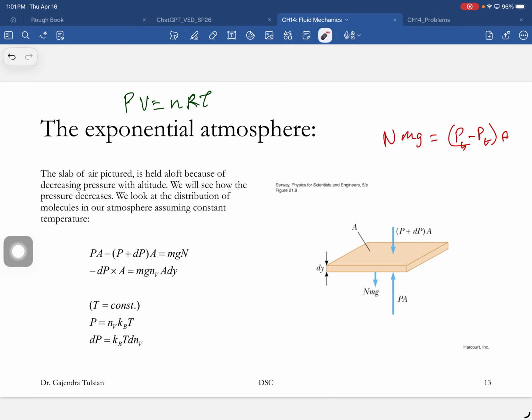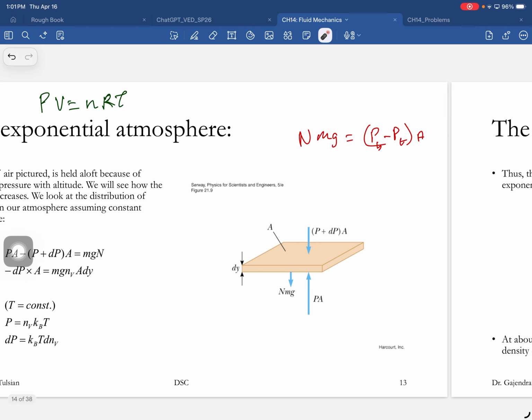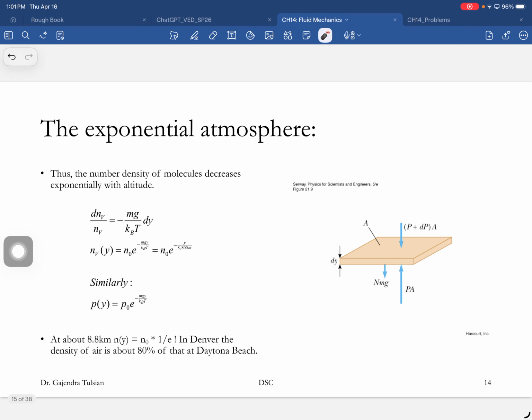Initially, we'll assume that the temperature of the atmosphere is constant, but it's not, but we'll assume that. Assuming the temperature is constant and starting off with this equation, what you can show is that the pressure at height y is given by the pressure at ground level times e to the power of minus mgy over kT.